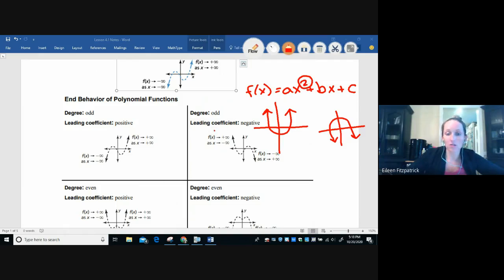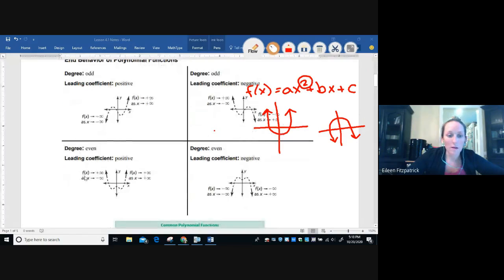All right, so let's look at the polynomial functions down here that also have even degrees. For example, these two as well. It says that this polynomial function is an even degree polynomial and its lead coefficient is positive. And here it's an even degree polynomial with a lead coefficient that's negative.